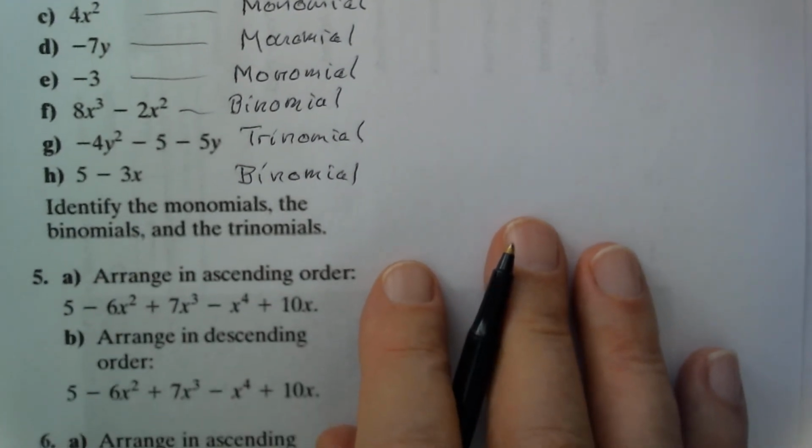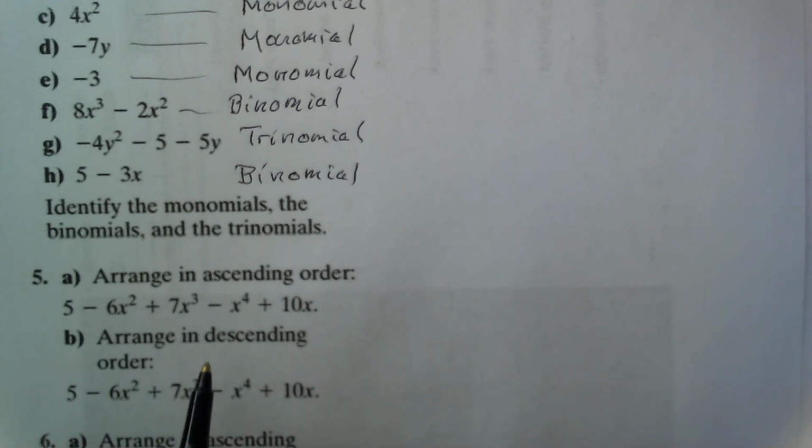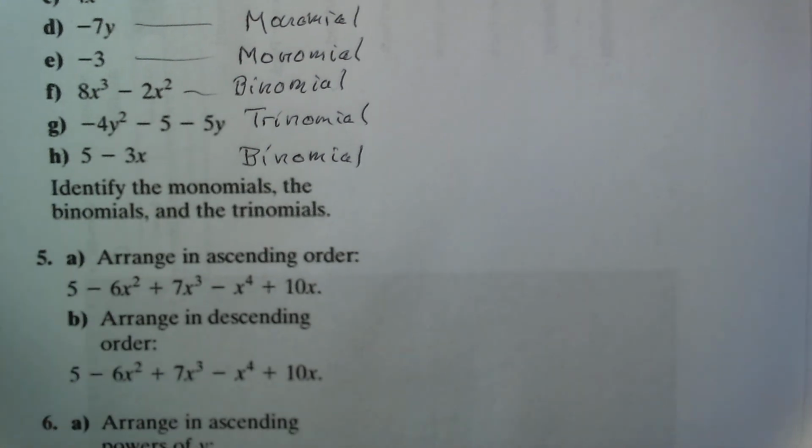Then there's a matter of arranging polynomials in ascending or descending order. Ascending order means from left to right, the powers of the variable increase. So to arrange 5a in ascending order, we begin with 10x.